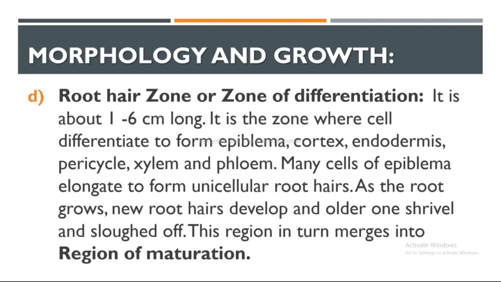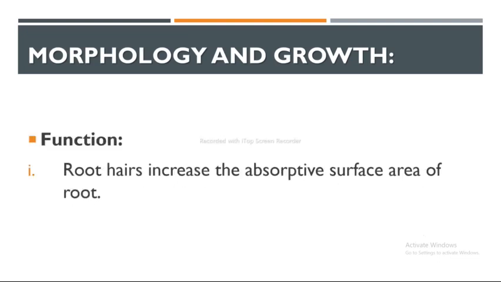As the root grows, new root hairs develop and the older ones shrivel and slough off. This region in turn merges into the region of maturation. The function of this region is that root hairs increase the absorptive surface area of the root.